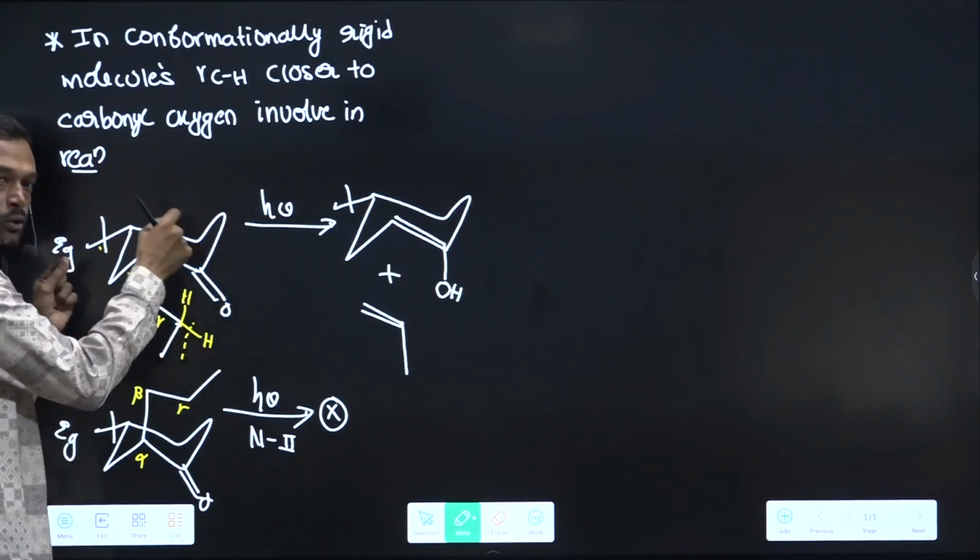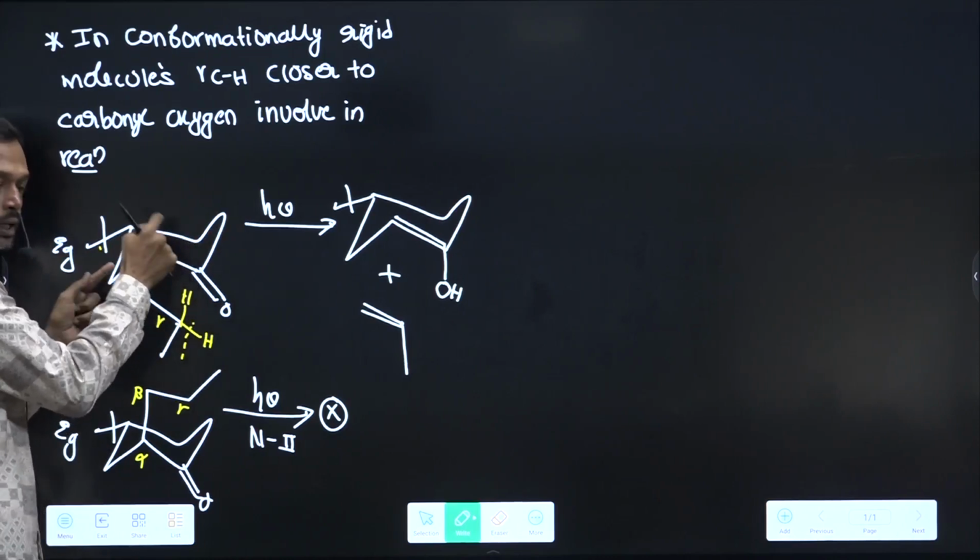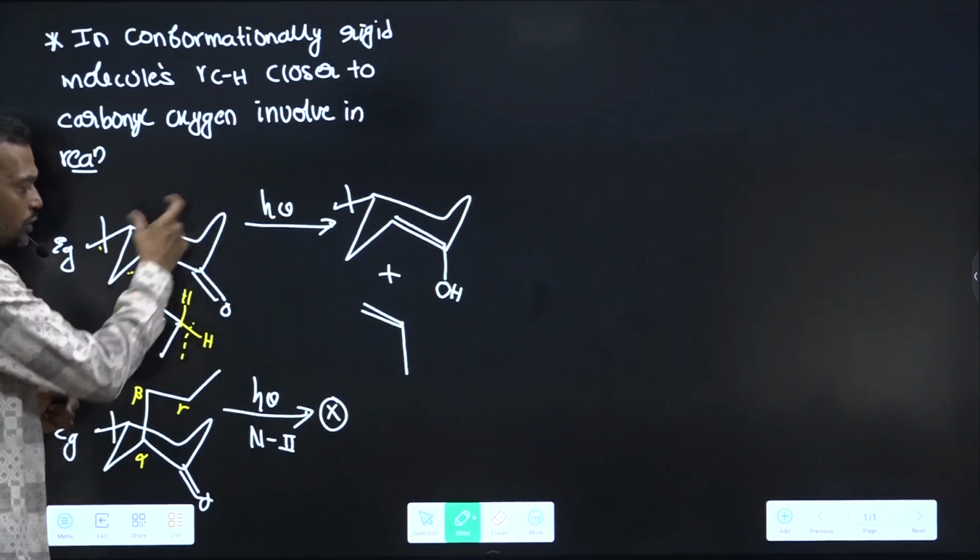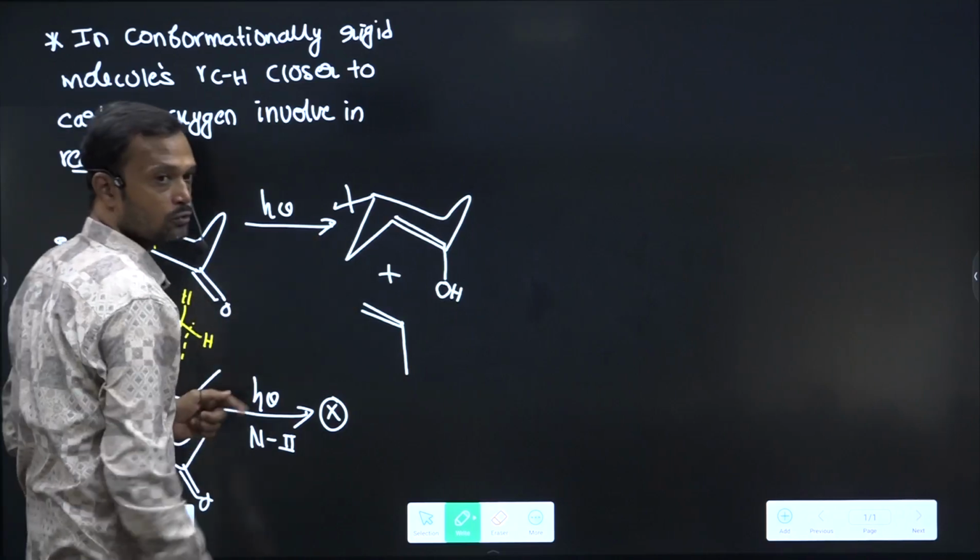Other conformers cannot be created; it is a molecule where a completely rigid structure is observed. So if it is a rigid molecule, it is unable to give the next conformer.